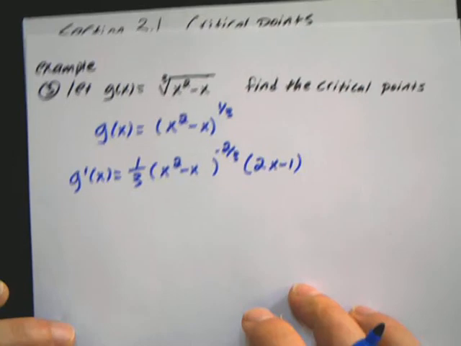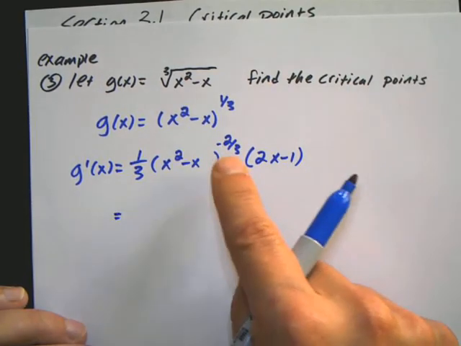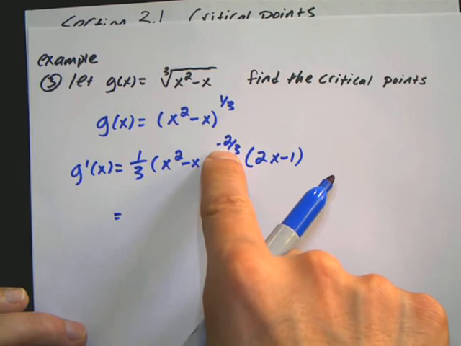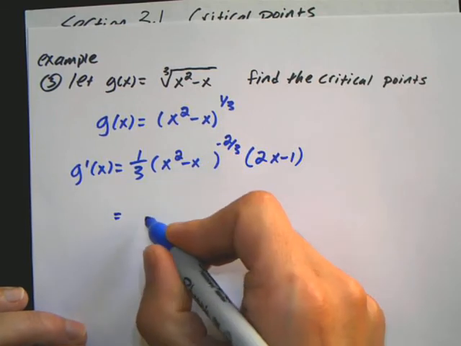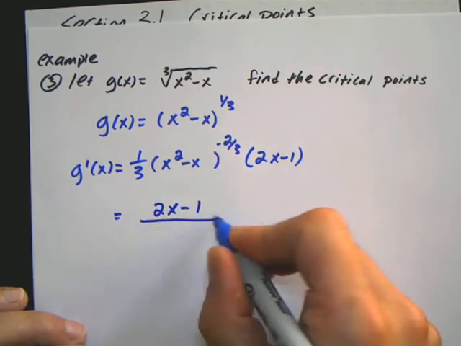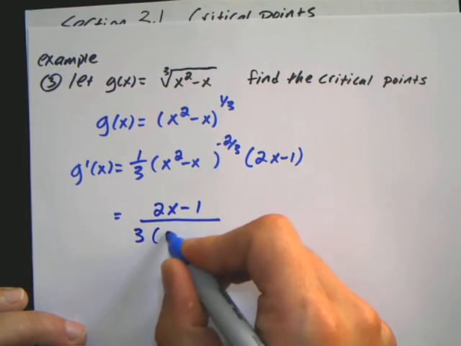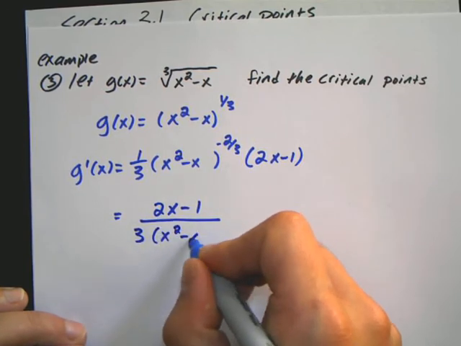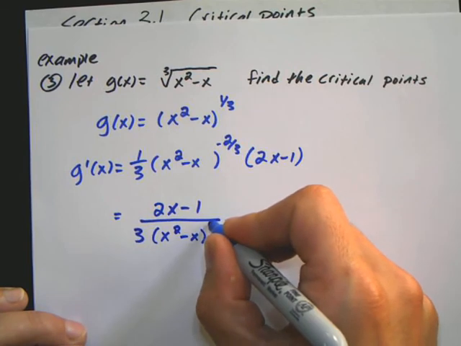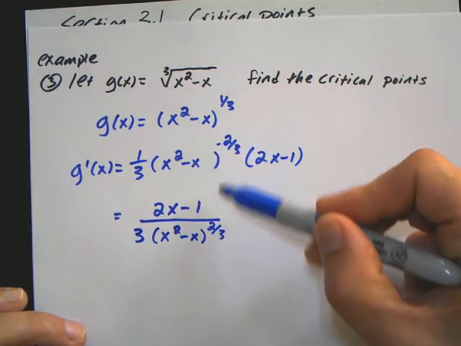Simplifying this a bit, this is going to be in the denominator because it's a negative exponent. So it's going to be 2x minus 1. This is going to be 1/3 in the bottom. It's going to be x squared minus x raised to the 2/3. If it's negative, I can bring it down in the denominator and make it positive. And I'm going to go ahead and set this equal to 0.